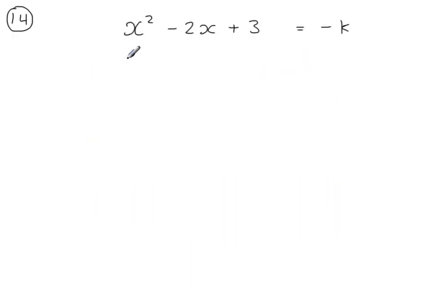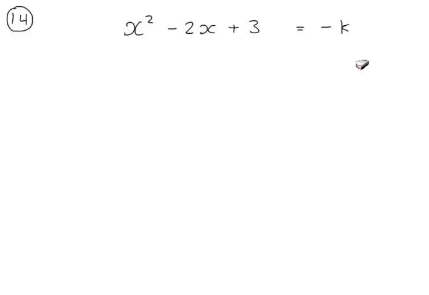Let's say we're trying to solve this quadratic equation. So assume that we're going to use the formula next. So we need the values of a, b, and c. So a is 1, b is −2, and c is 3. This is wrong because to solve the quadratic equation here, the whole thing should have been equal to 0 first.